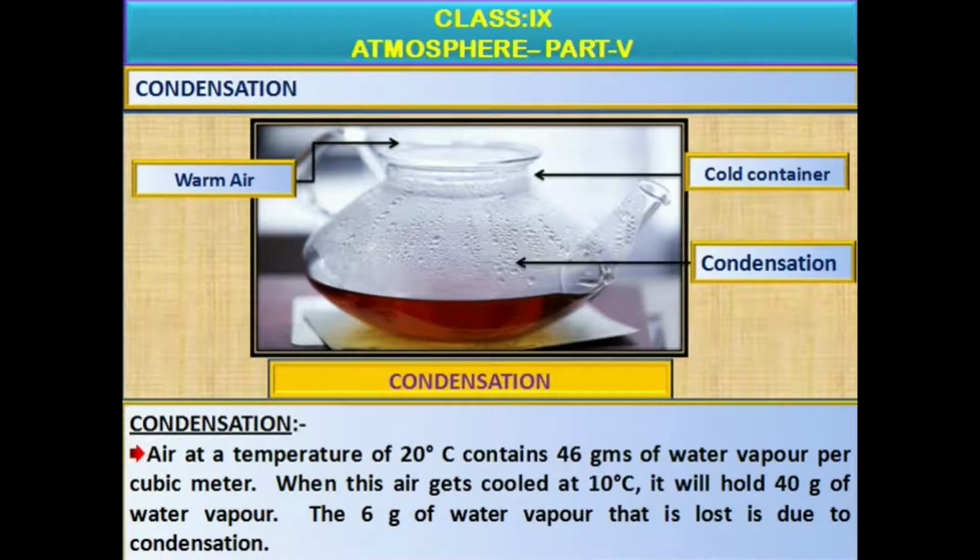Condensation can take place only when minute solid particles are present in the atmosphere. Condensation can also take place on a contact surface. For example, did you observe what happens when cold water is filled in a glass? Condensation occurs on the outer side of the glass as moisture in the air is getting in contact with a cold surface.